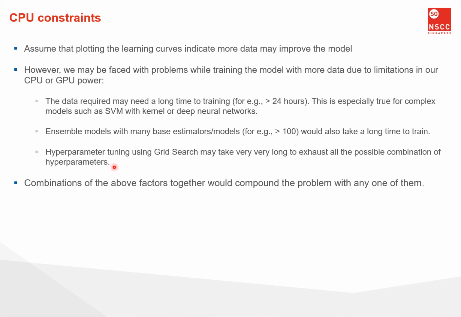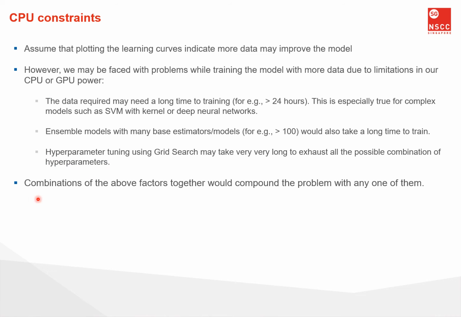So again, this is a case where we will be limited by the amount of CPU power that we can have at our disposal to actually run this grid search. So sometimes because of the limitation, we actually have to reduce the size of the hyperparameter search so that we may not get the most optimal values simply because we don't have enough time to actually run through the entire list.